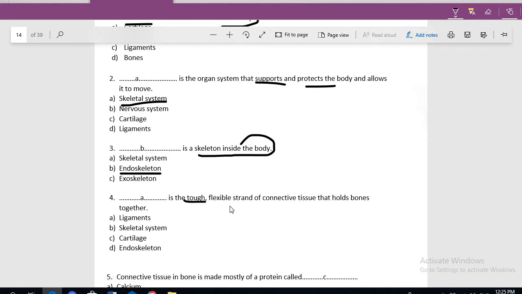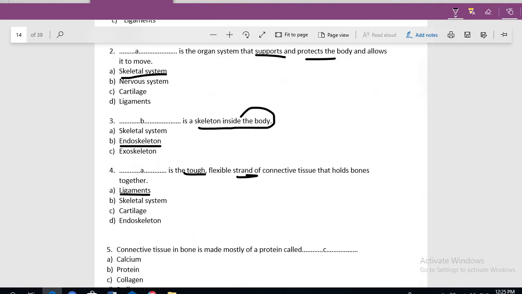A tough, flexible strand of connective tissue that holds bones together is called ligaments. Look, what's the difference between ligaments and cartilage?